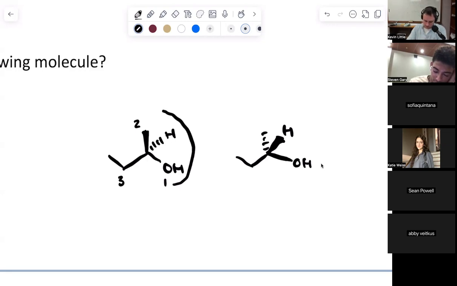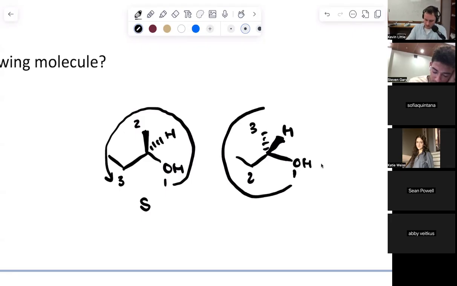So on the left, it's 1, 2, 3. So it's going to be S. To the right, a little trick is if the H is on a wedge, you can actually do the opposite. Hold on.